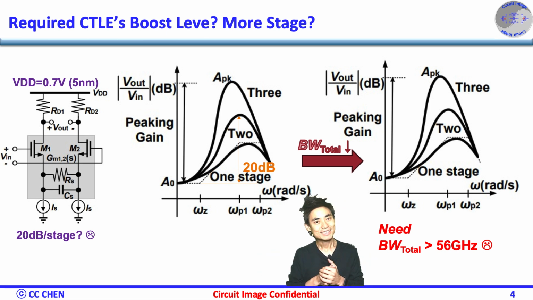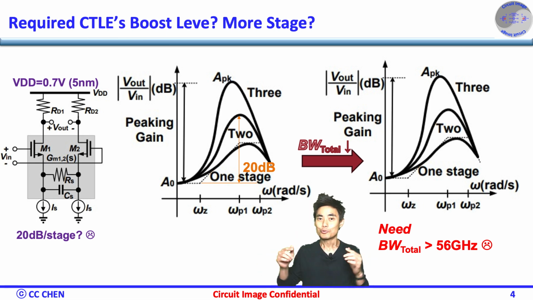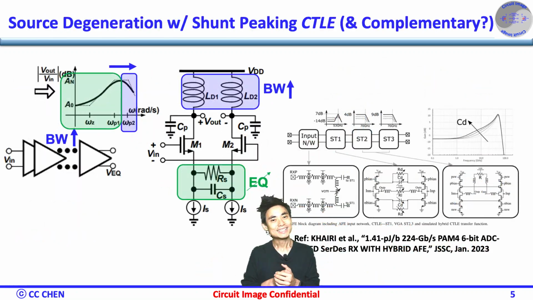Of course not. More stages will shrink the bandwidth, even just 1 stage more. Alright, what's more? Yes, you must apply the inductive peaking besides the source degeneration inside the CTLE, and then enhance the boost up to 20 dB.